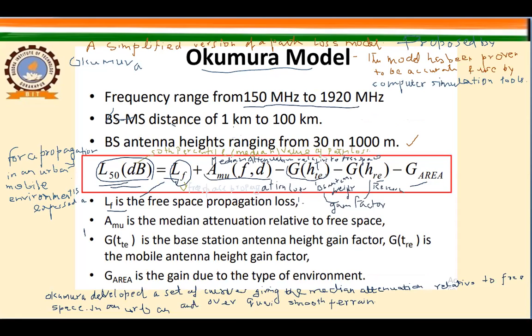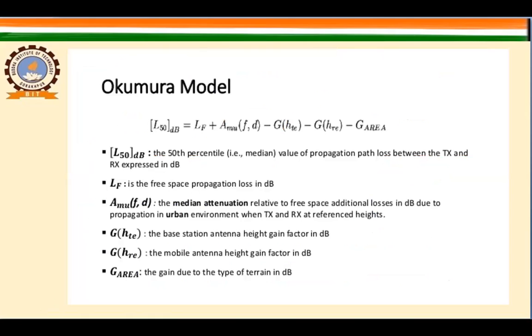Our Okumura model has a specific set of curves which give the median attenuation relative to free space in urban areas over quasi smooth terrain.